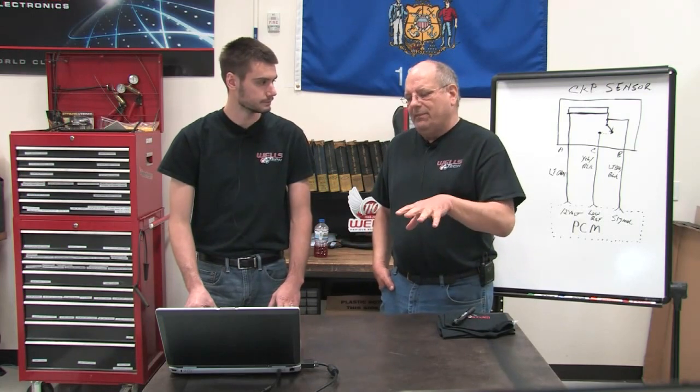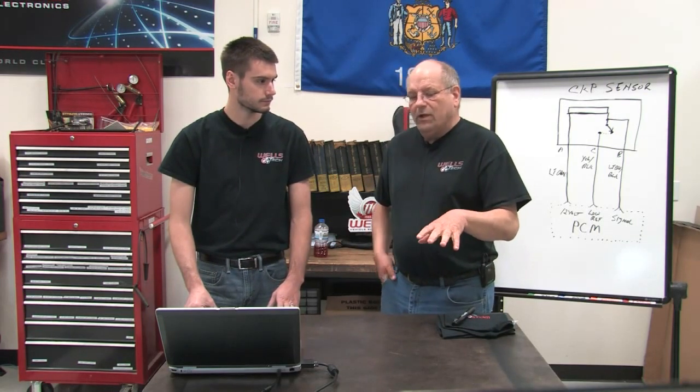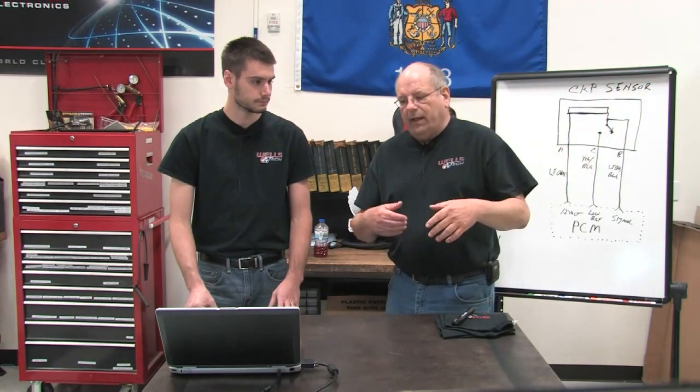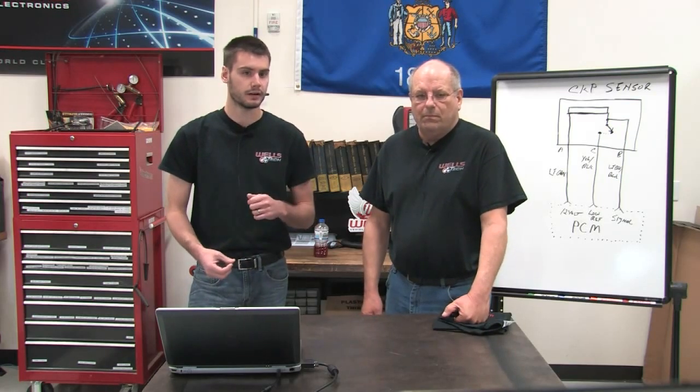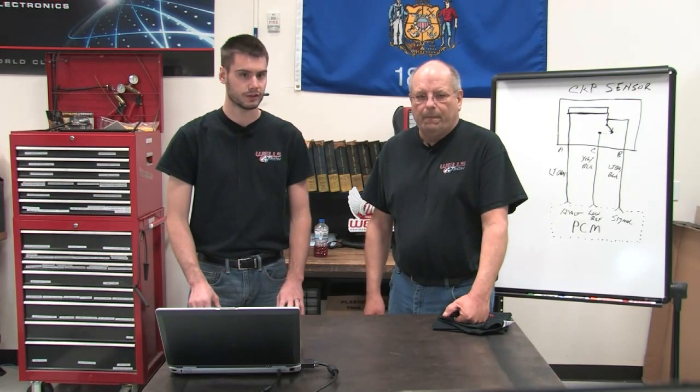So the ICM sends that signal to the PCM. The PCM takes that information once it's in closed loop, and takes that information from the ICM and the other sensors, and then determines where ignition timing should occur. At that point the PCM would take over ignition timing, where before it's made its decision, the ICM actually has full control over ignition timing.